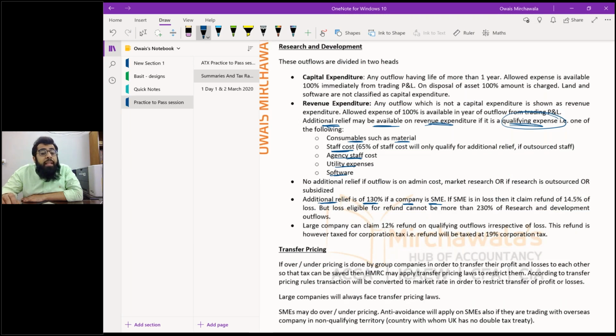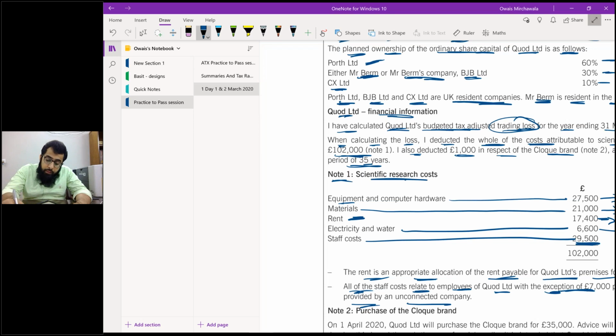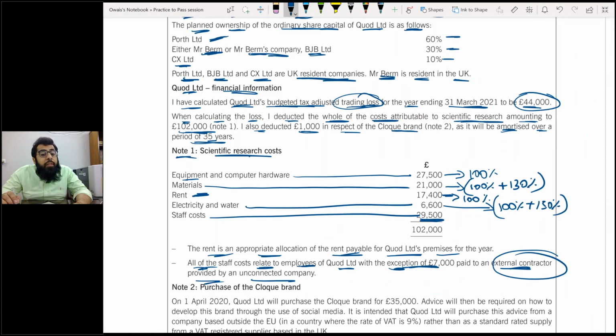staff cost is a qualifying expense, but 65% of staff cost will only qualify for additional relief if the staff is outsourced. Now, what you need to understand here is that the staff cost is 29,500. But within this 29,500, 7,000 is of external contractor.